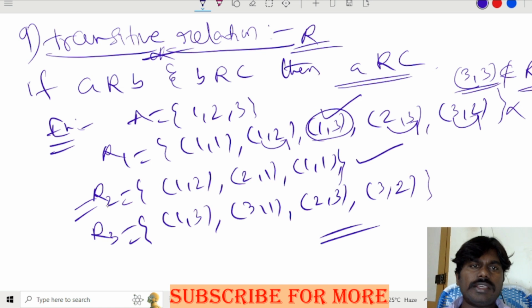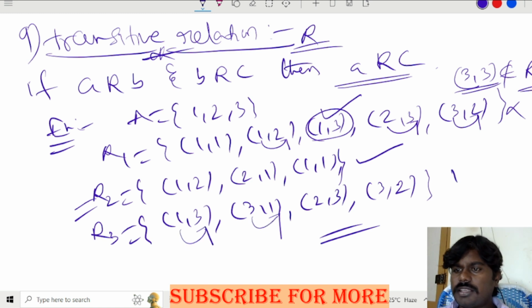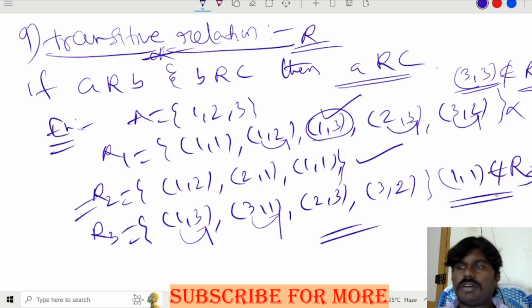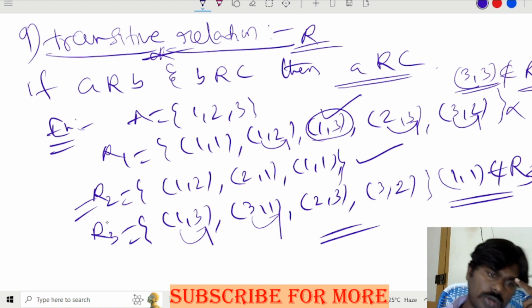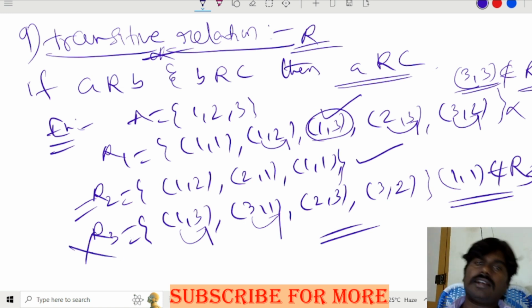So R2 is a transitive relation. Okay, and come to R3, 1 is related to 3 and 3 is related to 1, but 1 is not related to 1 here in R3. The element (1, 1) is not there, so R3 is also not a transitive relation.